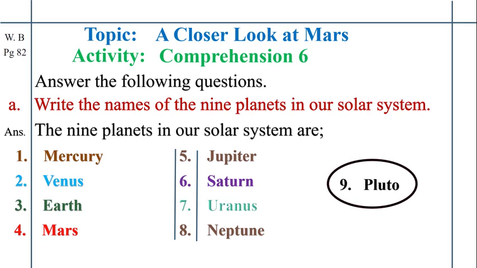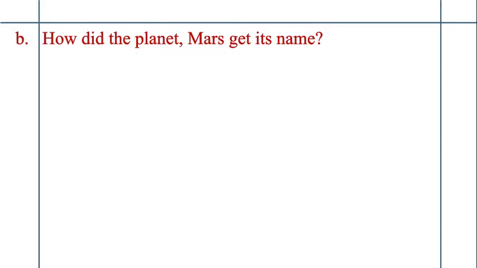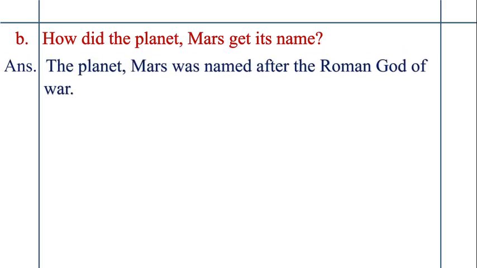It's in proper order, alright? Let's move on to the second question, which is, how did the planet Mars get its name? We have discussed it. It is after the name of someone. Remember, the planet Mars was named after the Roman god of war.